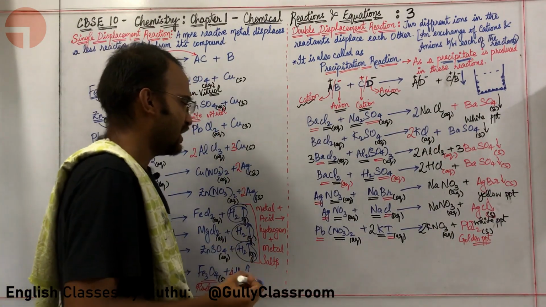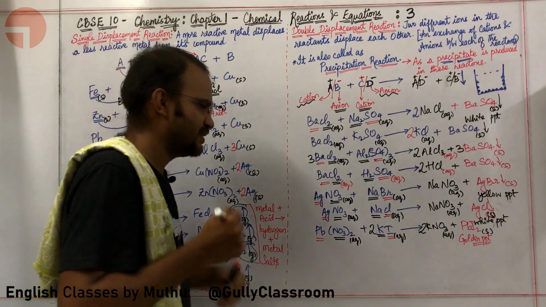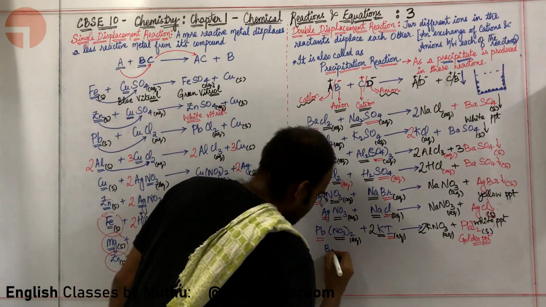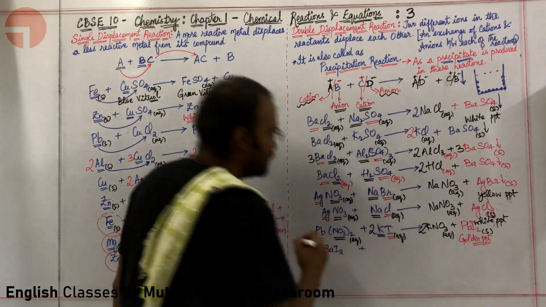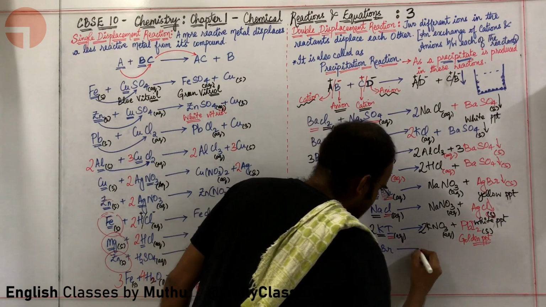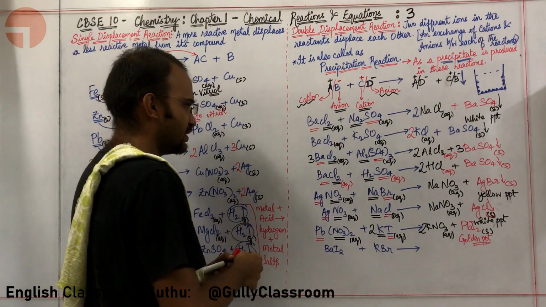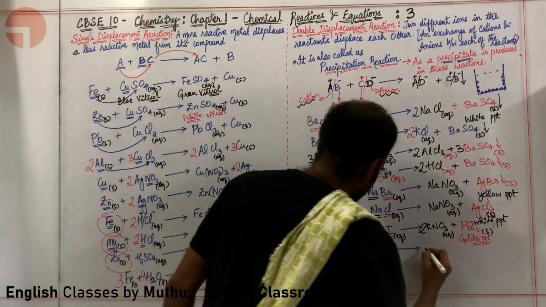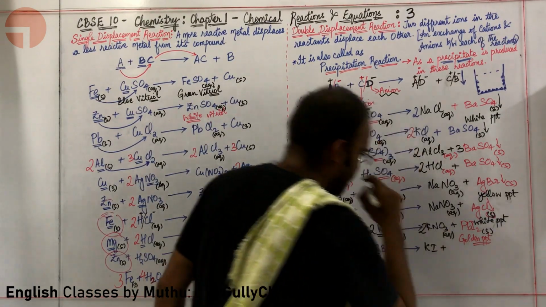Okay, sir. Can you give me some more interesting examples? Absolutely. Let me go for BaI2. It is reacting with KBr. Okay, sir. Now, what is happening? Here there is I2, here there is K. They combine with each other in order to form KI.